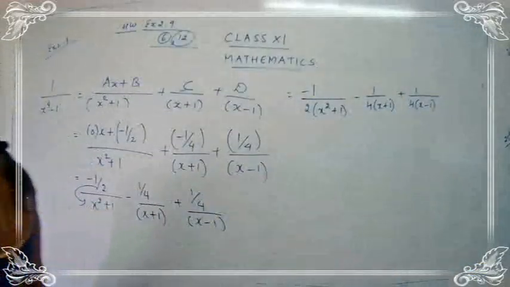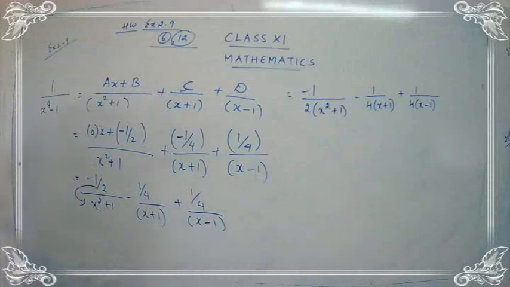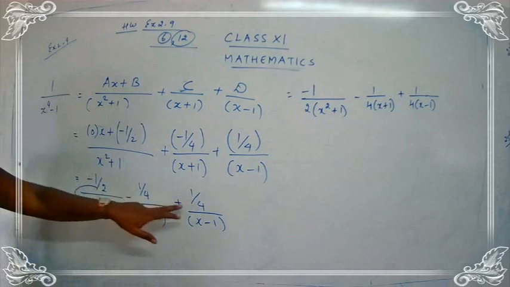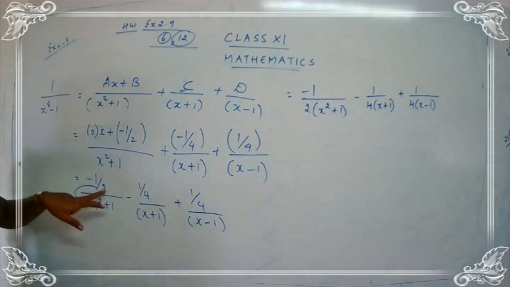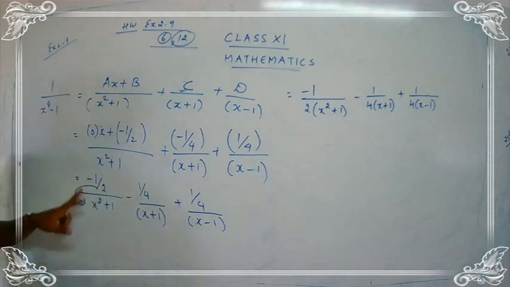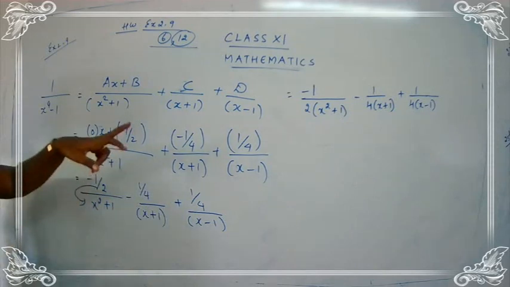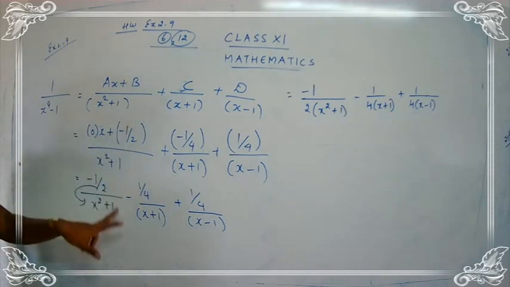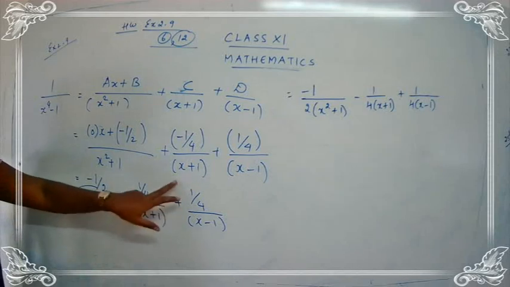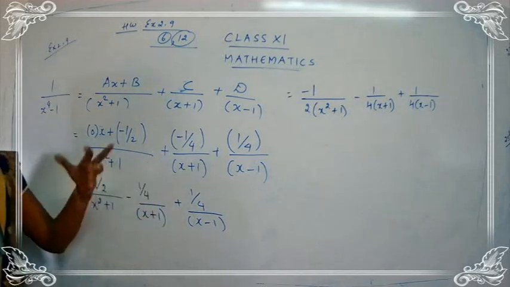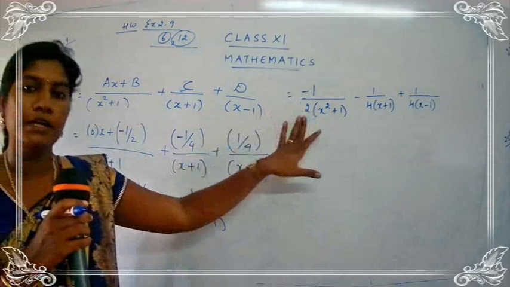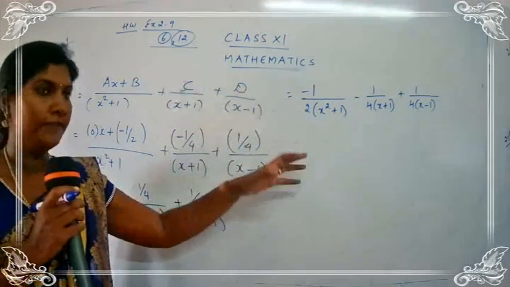Minus 1 upon 2 x square plus 1 minus 1 upon 4 x plus 1 plus 1 upon 4 x minus 1. So minus 1 upon 2, 1 upon 4 and 1 upon 4. So just bringing the denominator to the denominator part. So minus 1 upon 2 into x square plus 1 minus 1 upon 4 into x plus 1 plus 1 upon 4 into x minus 1.